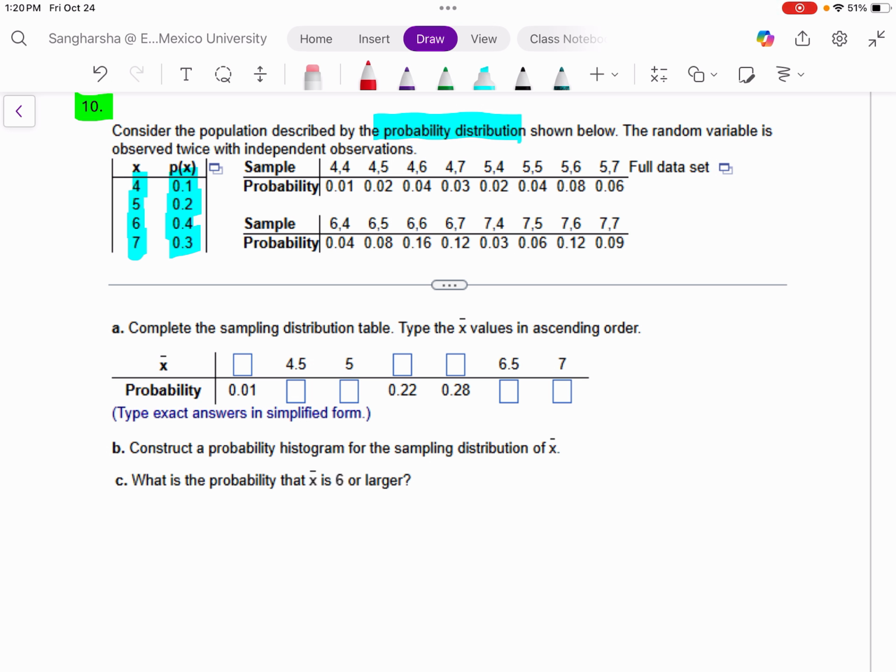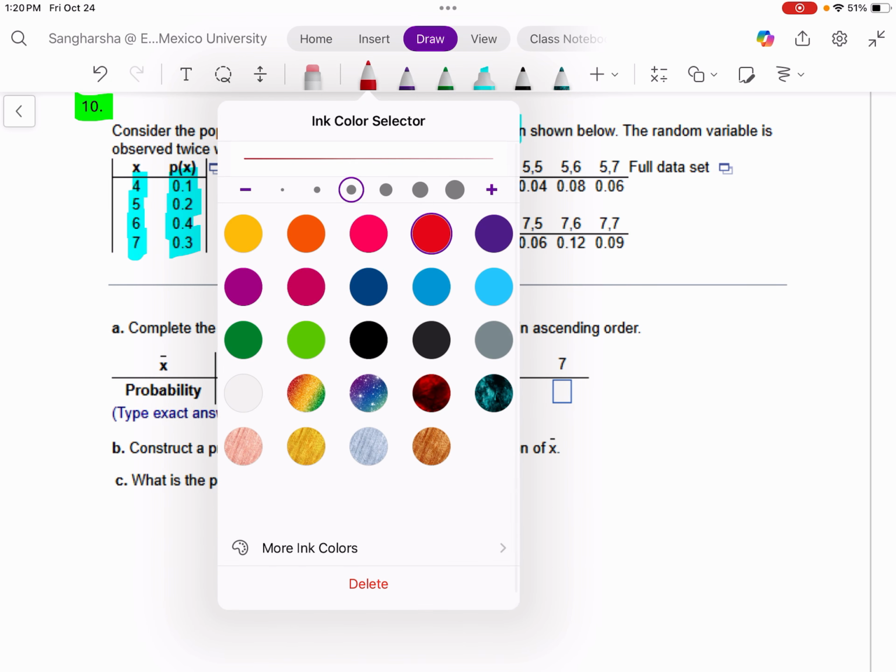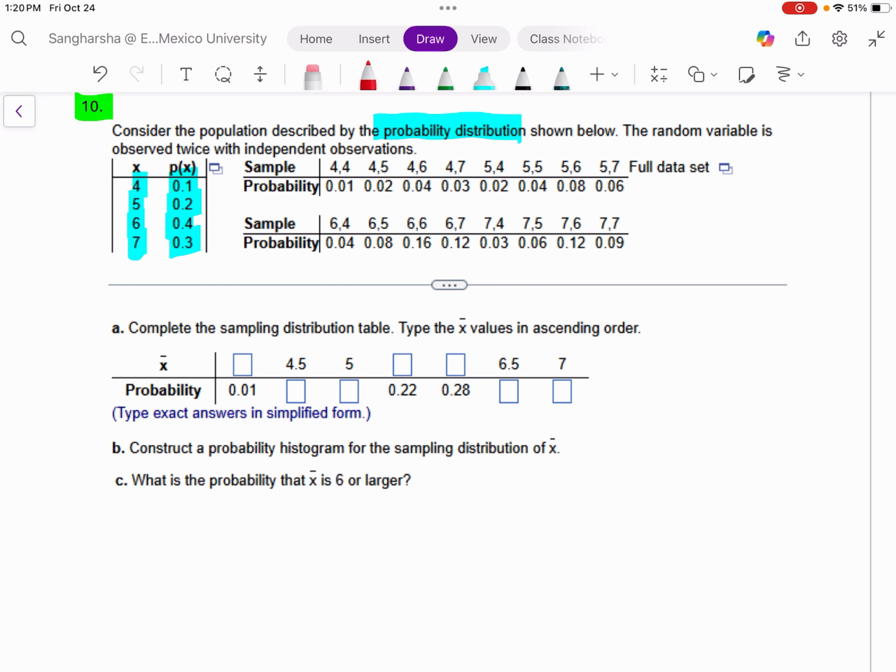So here the mean of 4 and 4 is 4 plus 4, 8, divided by 2, the mean is 4. The mean of 4 and 5 is 4.5. Let me just write down here. So the mean x bar is 4.